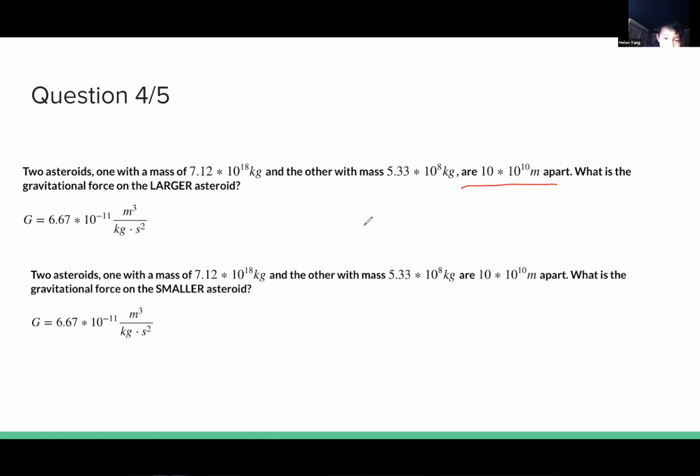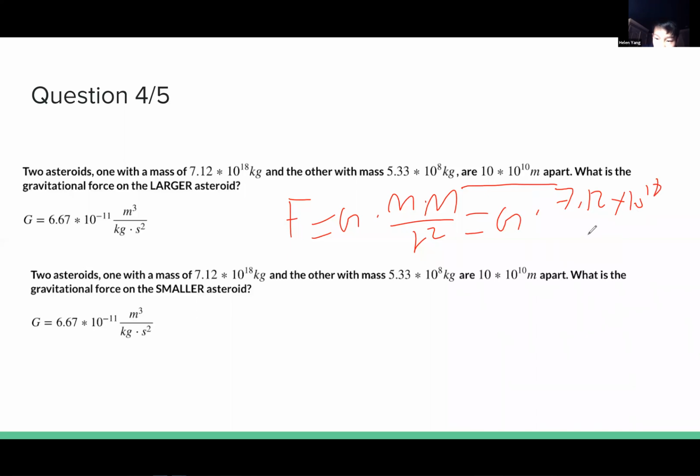You use the equation G times m1 m2 over r squared. So it'd be G times 7.12 times 10 power 18, times 5.33 times 10 power 8, divided by 10 times 10 power 10 squared.